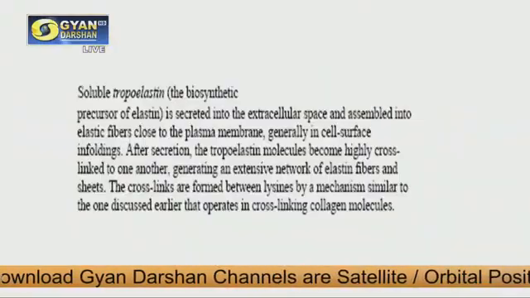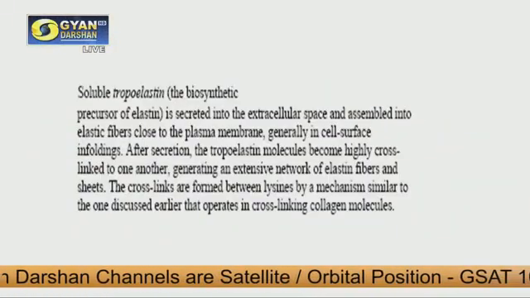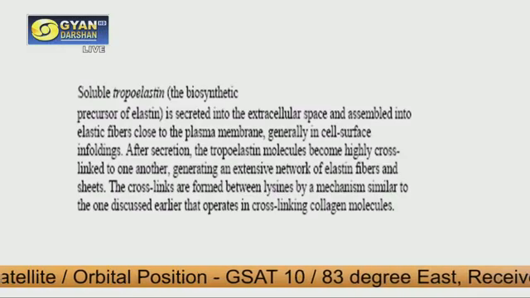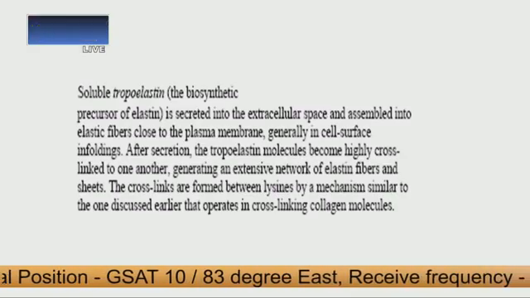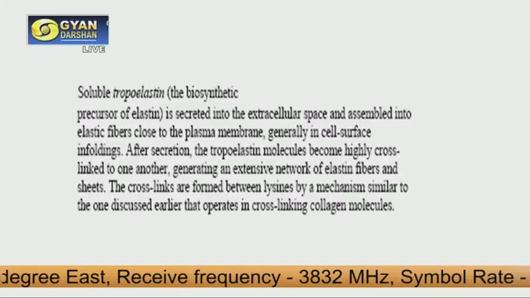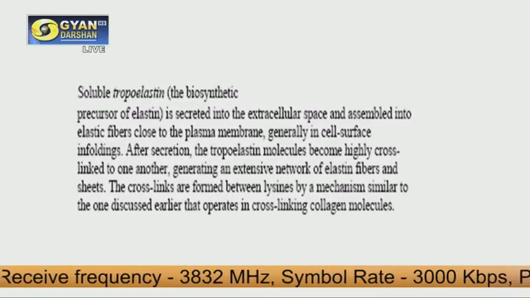Now, in case of elastin, the earlier form is tropoelastin, the precursor of elastin. They are secreted into the extracellular space and assembled into elastic fibers close to the plasma membrane, generally in cell surface infoldings.